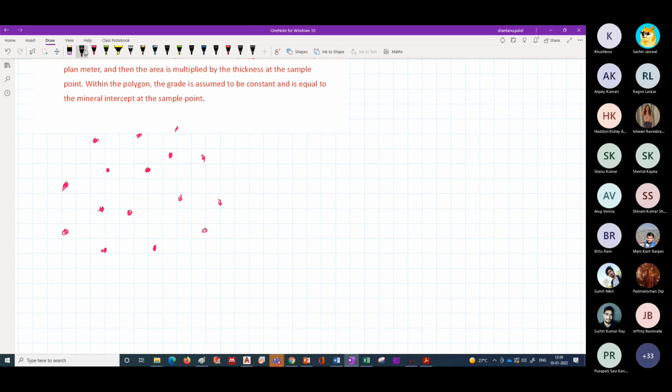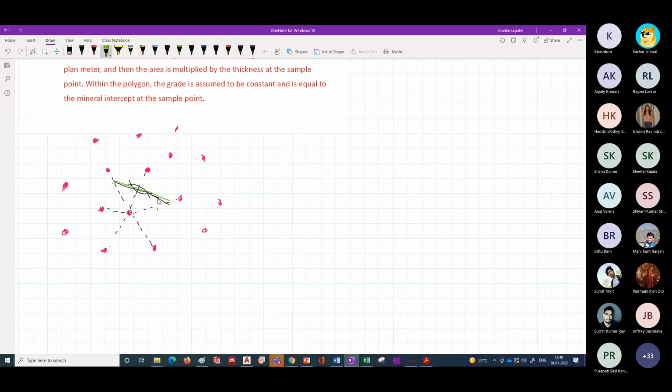In this method, we try to connect two nearest boreholes using a line. Then we get the perpendicular bisector of these lines. This is the bisector line.